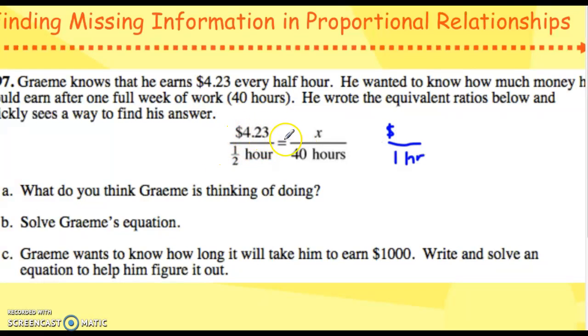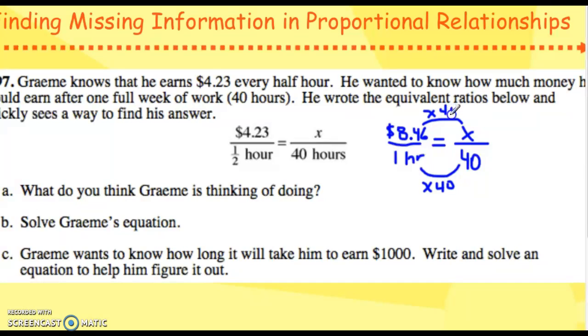I would double $4.23 to find out how much I make in an hour instead of a half hour, and that would be $8.46, and that equals X, some number, over 40 hours. So in order to go from 1 hour to 40 hours, my common multiplier would be 40. And then I'd also have to multiply my numerator by 40.